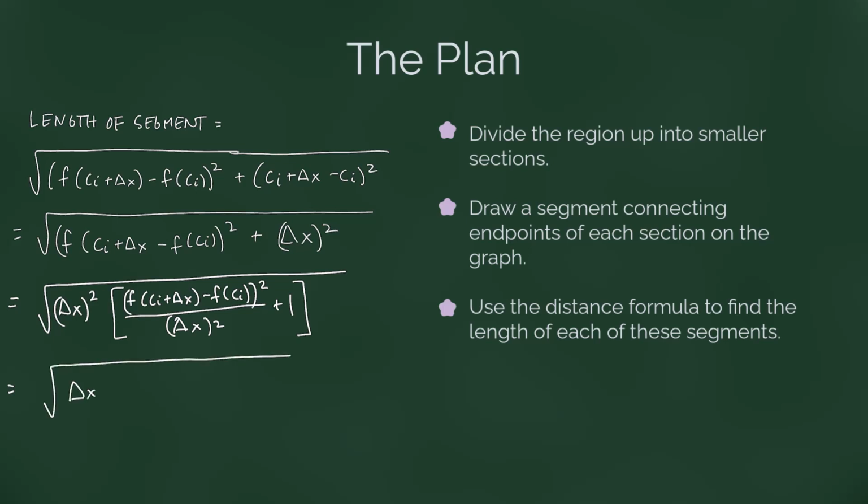The first term in our sum then contains a square on the top and a square on the bottom. We can bring that square to the outside. So now we have f of c sub i plus delta x minus f of c sub i all over delta x, and that entire quantity is squared, plus 1.